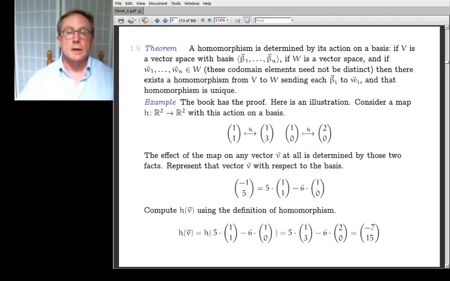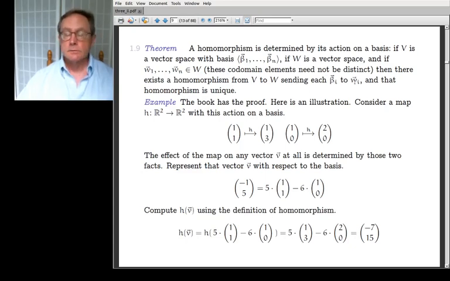The theorem says that a homomorphism is determined by its action on a basis. If you tell me what the basis is, and you say what does the first basis element map to, what does the second basis element map to, what does the third map to, etc., all the way out to what does the last basis element map to, and it could be the case that two of them map to the same place, then there's one and only one homomorphism with that action.